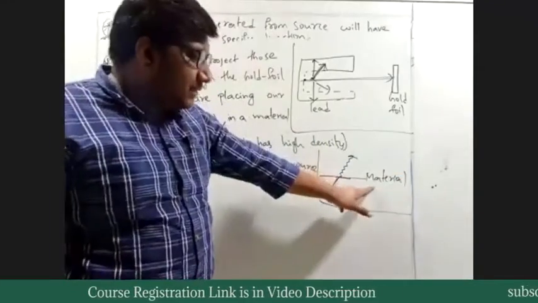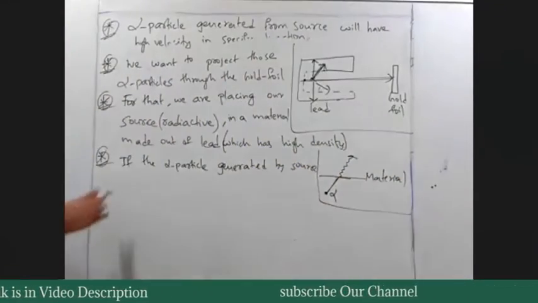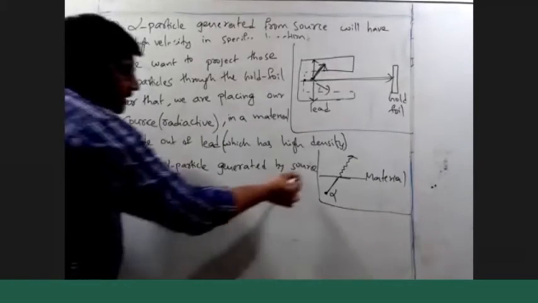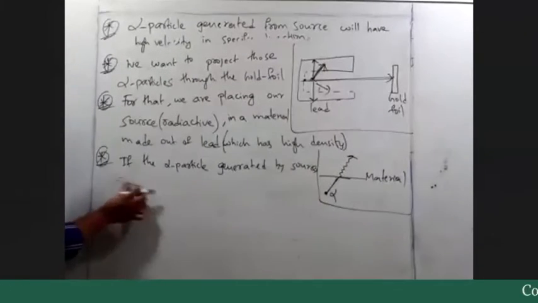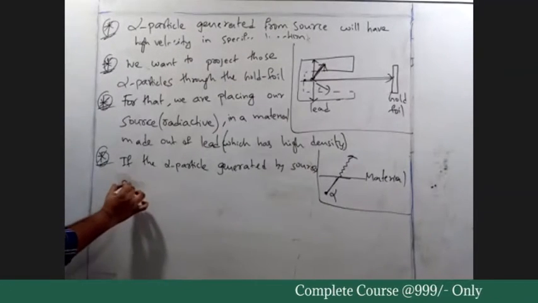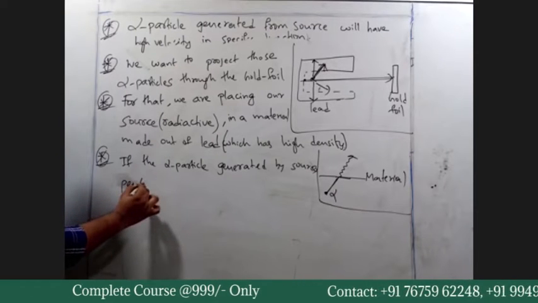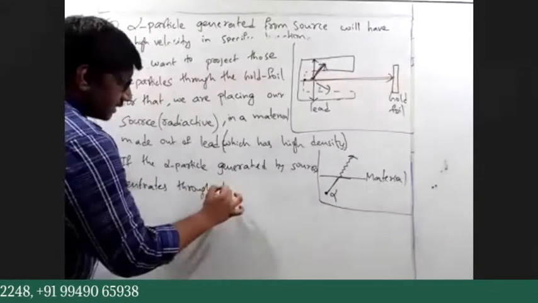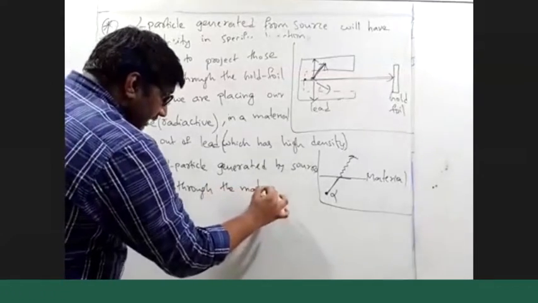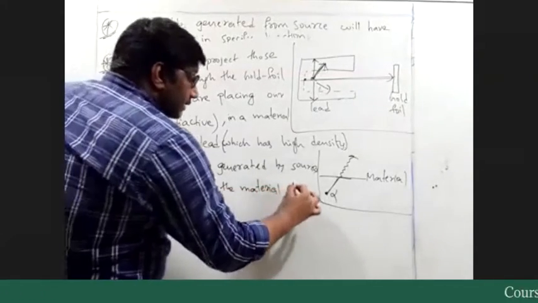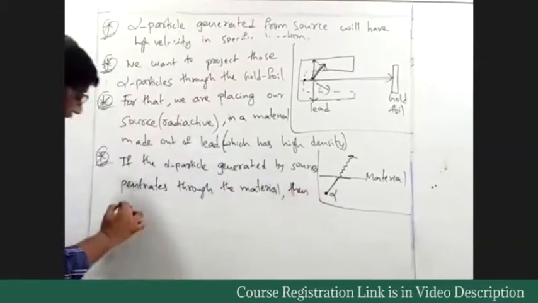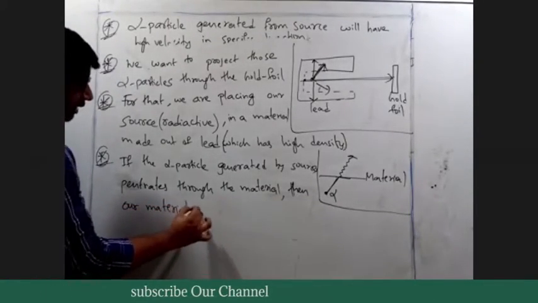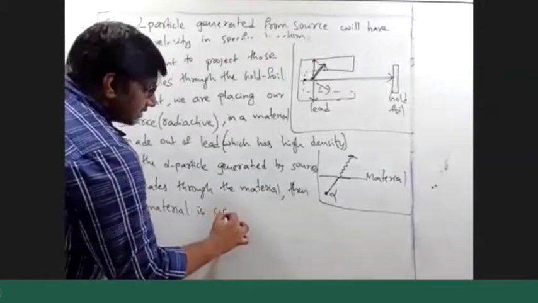Write this: if the alpha particle generated by the source penetrates through the material, then our material is useless.